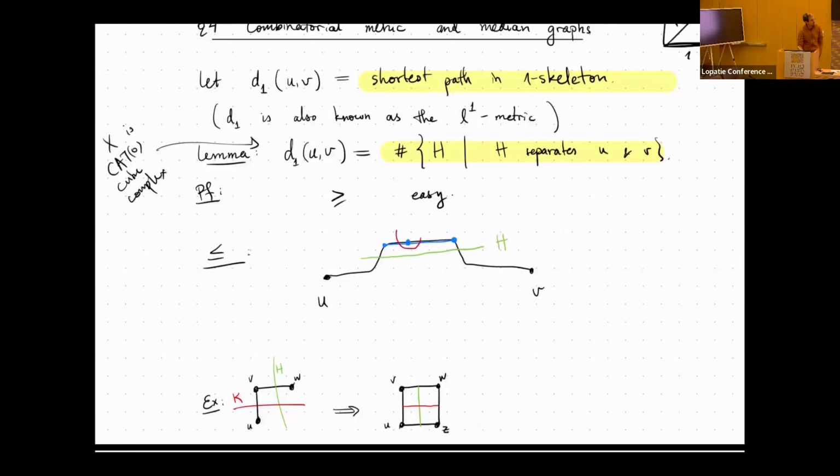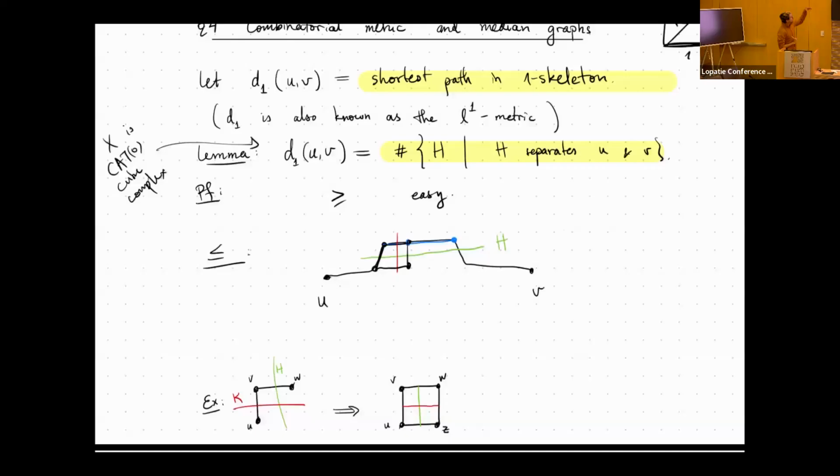Okay, so in fact just from looking at those edges, you get that the red and green must intersect, and if they intersect, the exercise below tells you there's a square in my complex there.